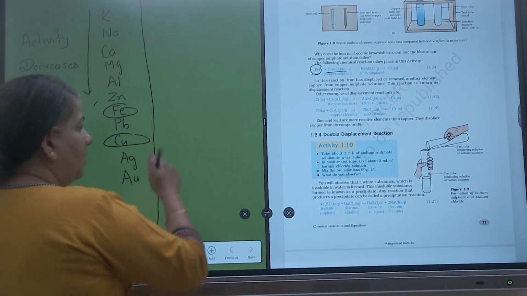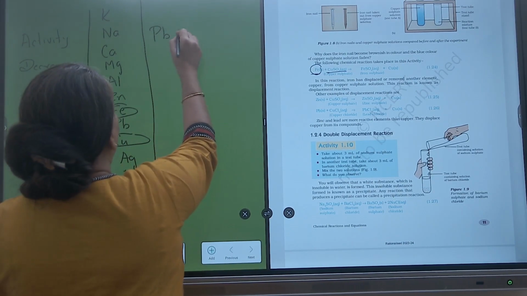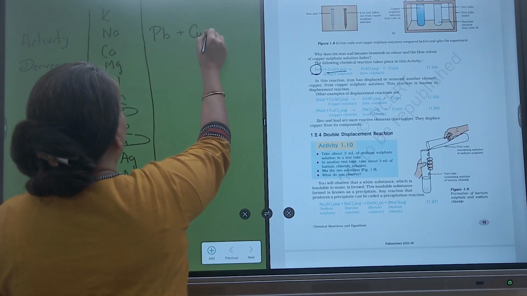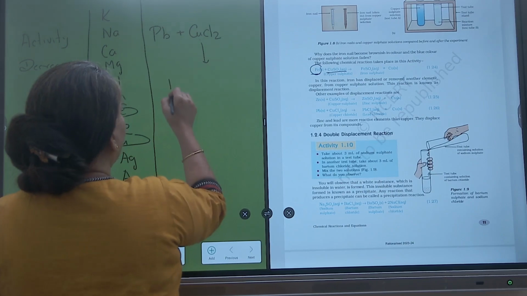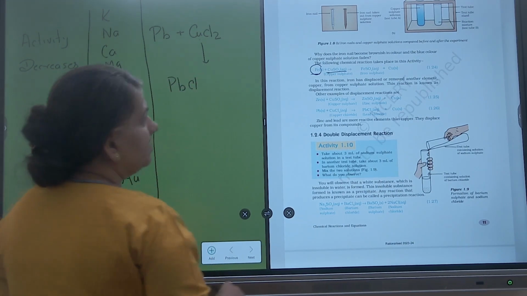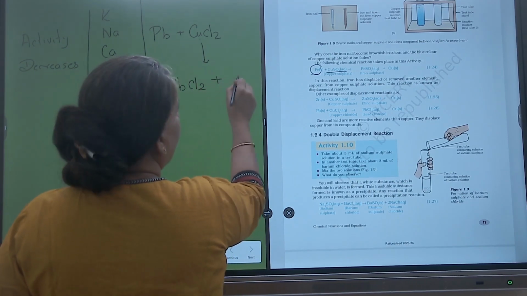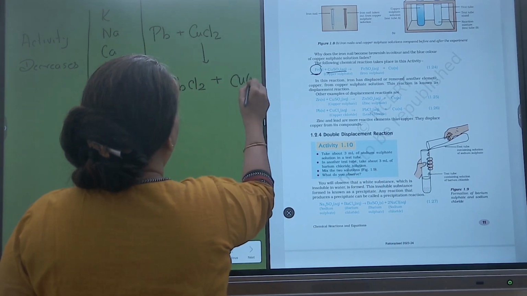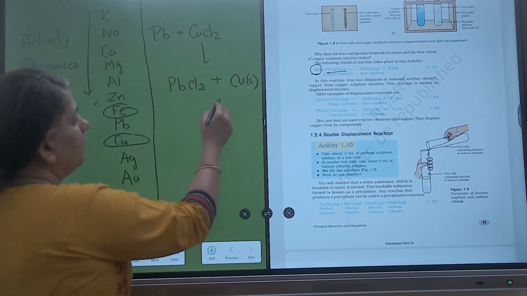Now let's see the reaction. Lead plus CuCl2 will give lead chloride, PbCl2, plus copper. Copper will be displaced and it will start depositing.